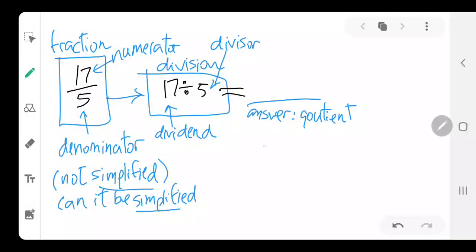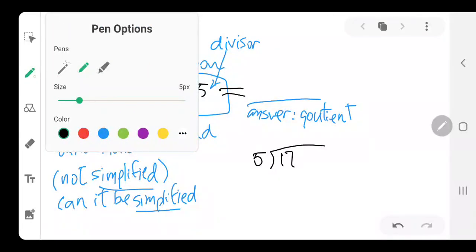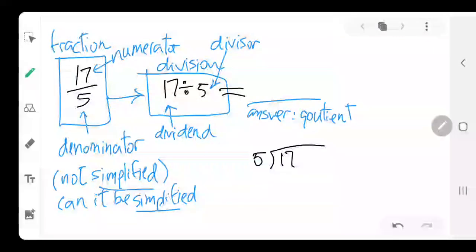The divisor goes here. You write the division operation symbol. The dividend goes here, and you start writing the quotient on top. Remember what we said about the quotient.